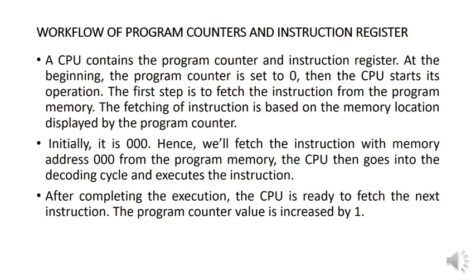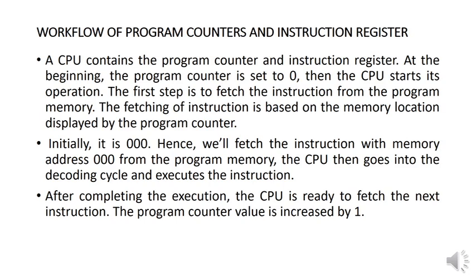The first step is to fetch the instruction from the program memory. The fetching of the instruction is based on the memory location displayed by the program counter. The memory location that the program counter has exposed to the CPU is the location that the CPU will fetch the instruction from.